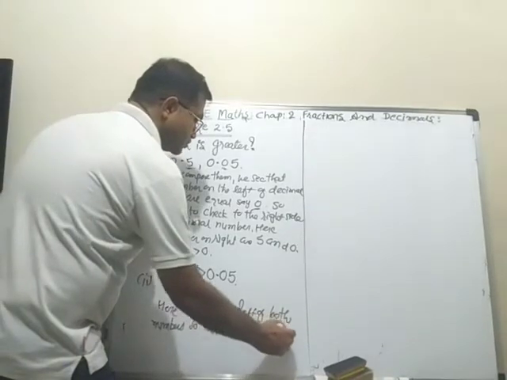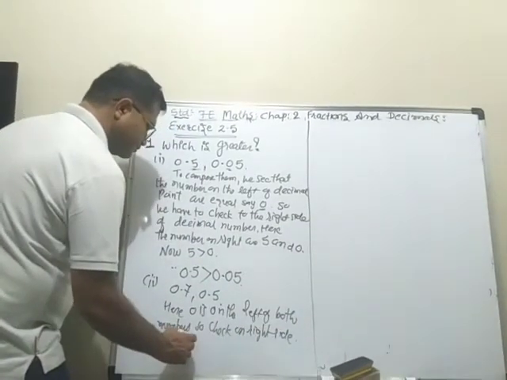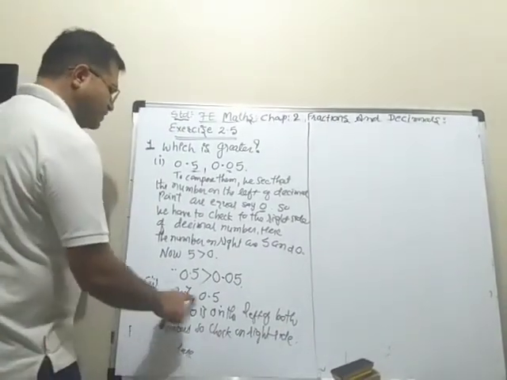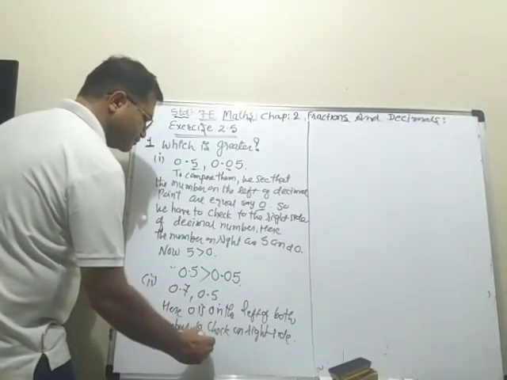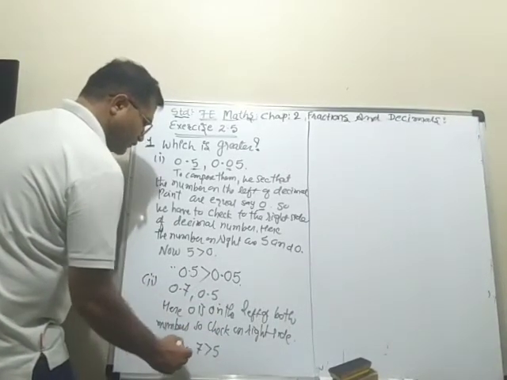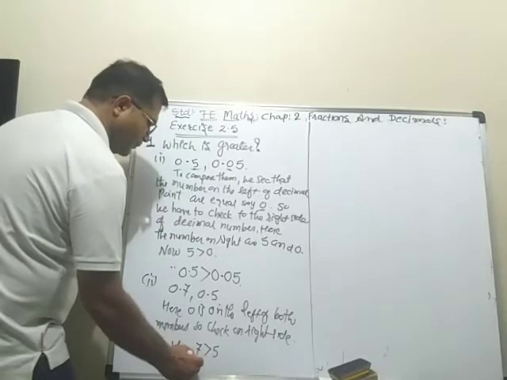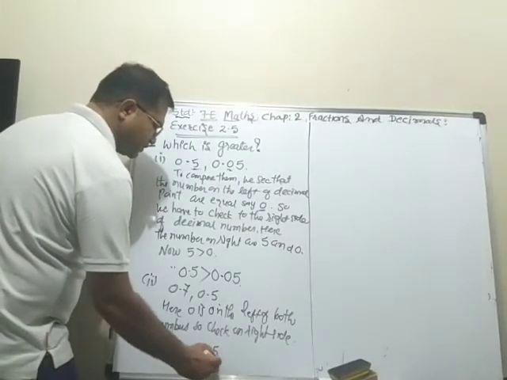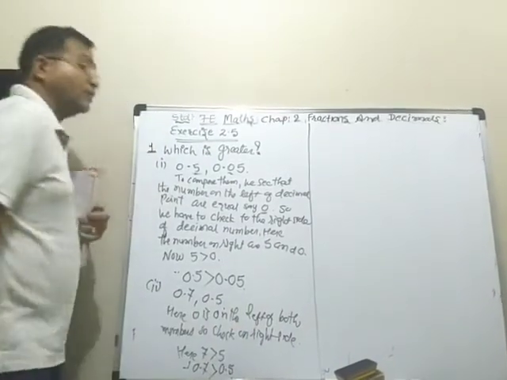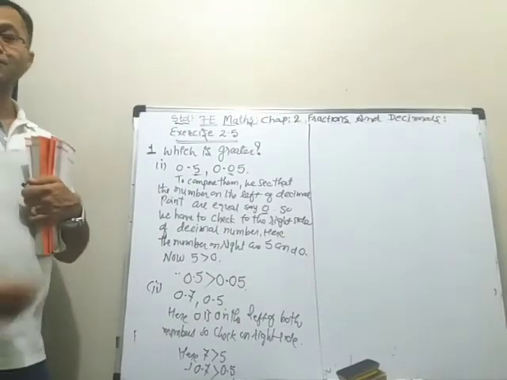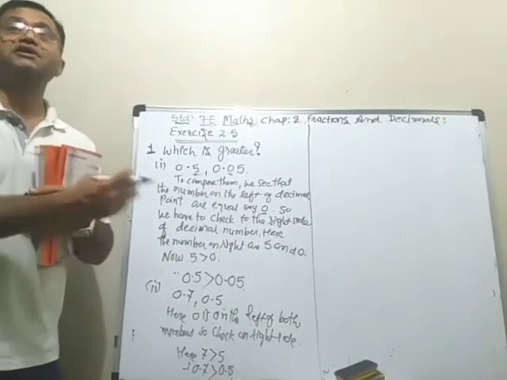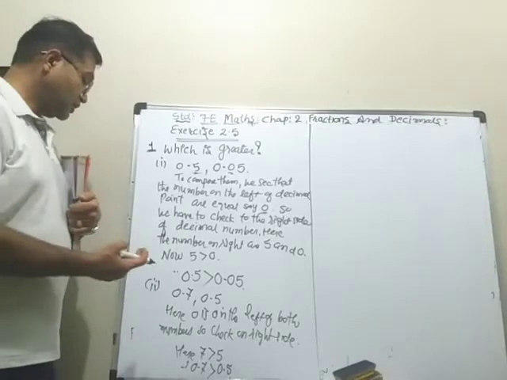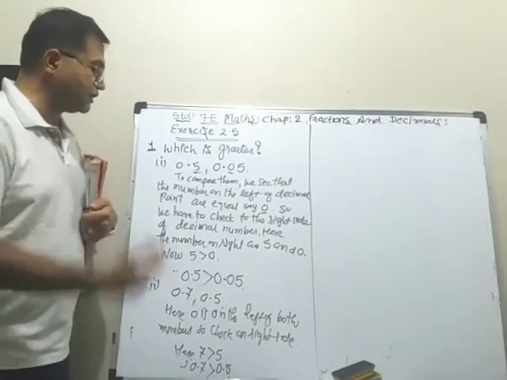Here 7 is greater than 5. Therefore, 0.7 is greater than 0.5. So we don't have to go into much detail about what is greater and what is smaller.